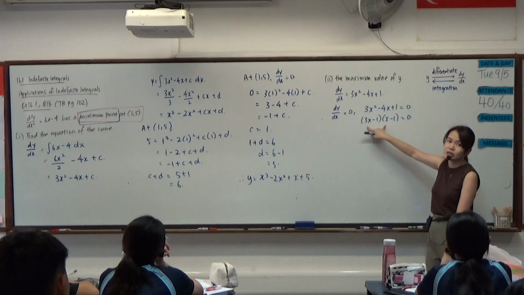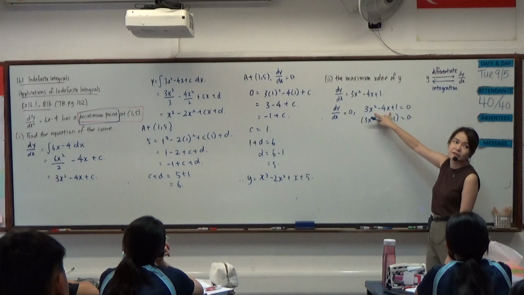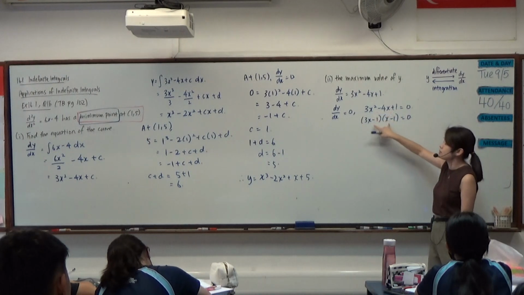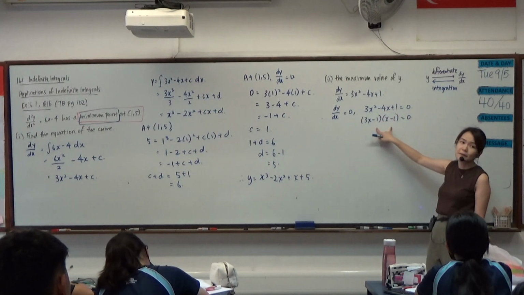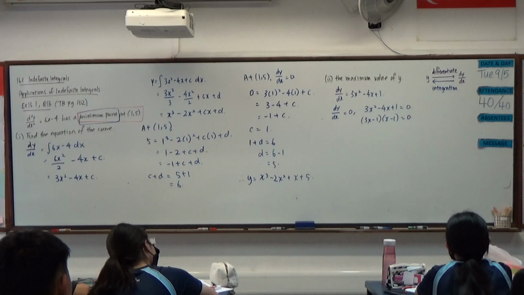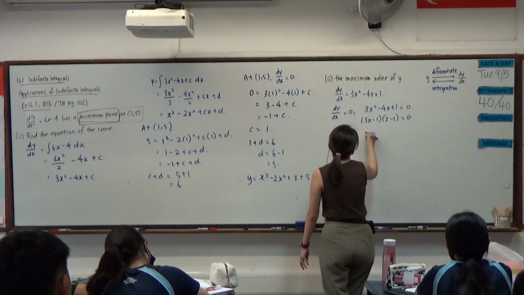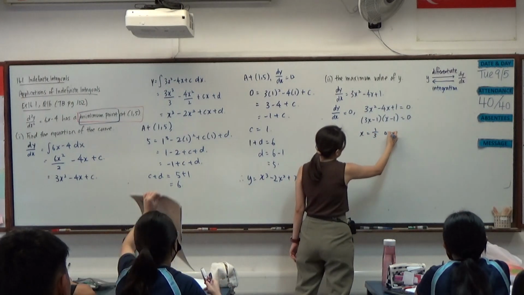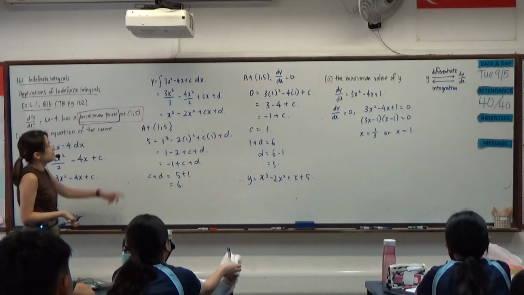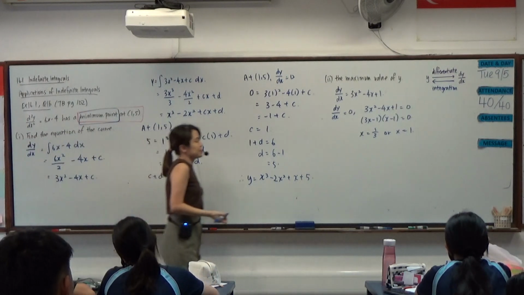Your factorization must be consistent with the equation that you have over here. Don't always try to use the calculator. Please make sure you know how to do factorization itself. Otherwise, you can always use the general formula also, x equals minus b plus minus square root of b squared minus 4ac over 2a. So x equals 1/3 or x equals 1. We know that it cannot be x equals 1 because we already know that when x equals 1, it is a minimum point.